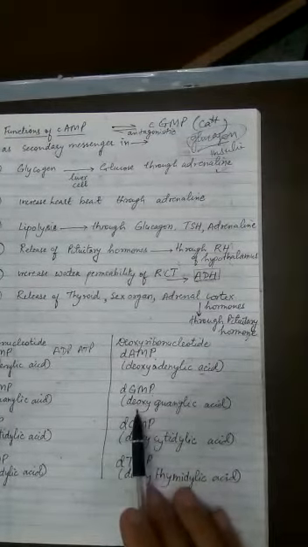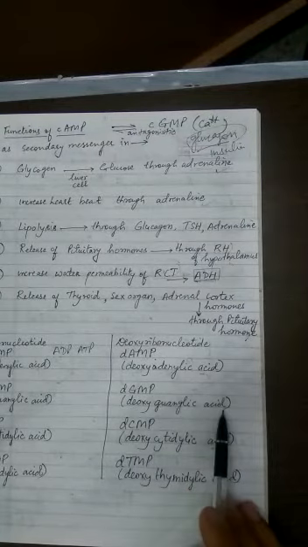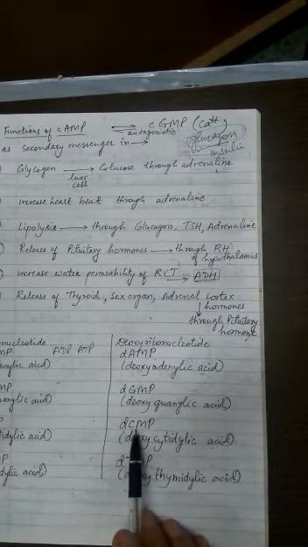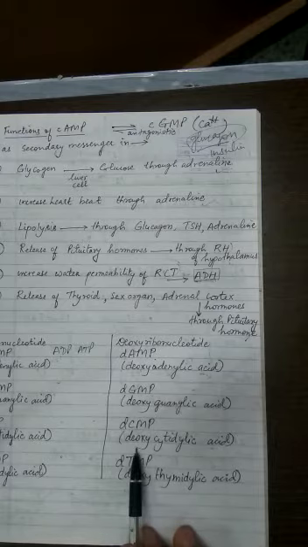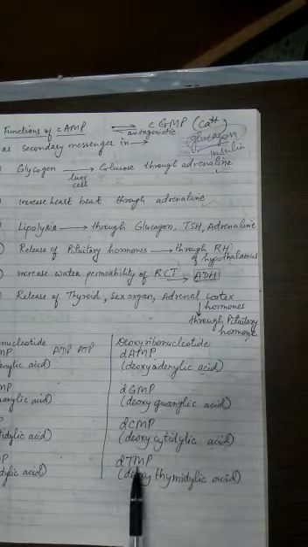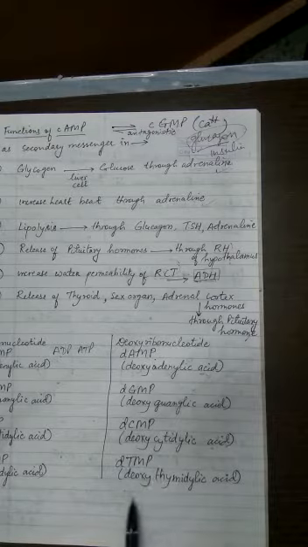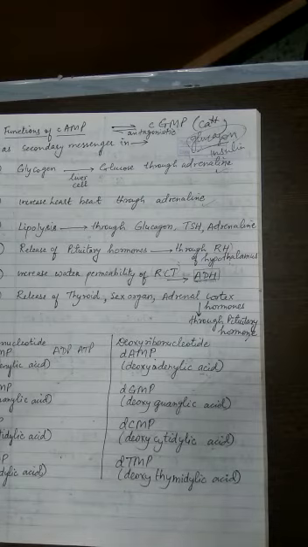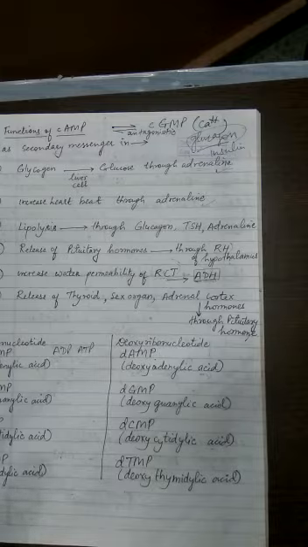Similarly, deoxyguanosine monophosphate is also called deoxyguanylic acid. Deoxycytidine monophosphate is also called deoxycytidylic acid. And deoxythymidine monophosphate is also called deoxythymidylic acid. You need to remember these names because NCERT has given these names, so you need to follow whatever is in the NCERT also.